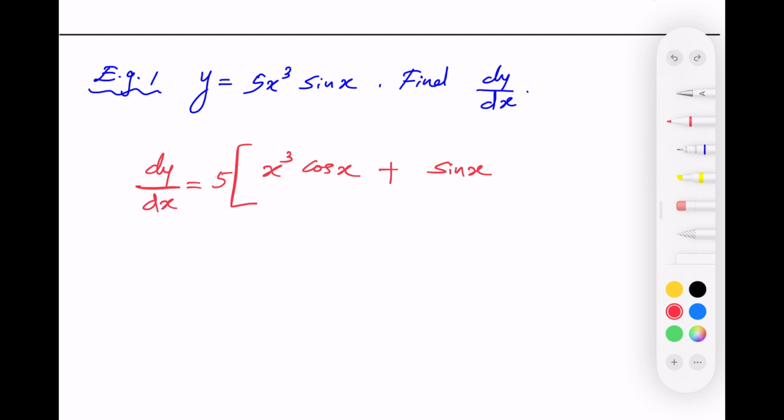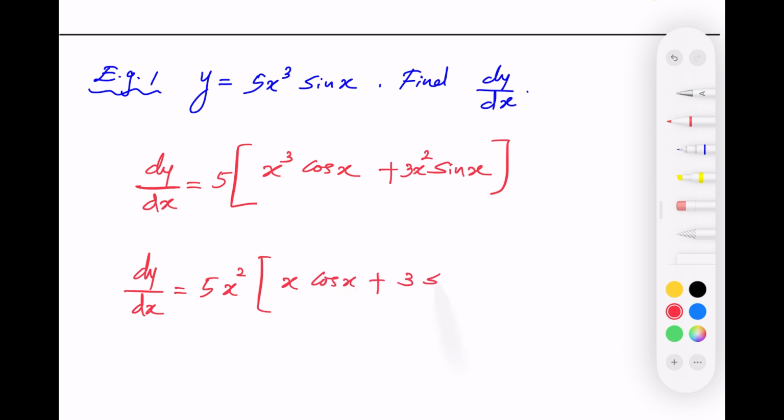Therefore, let me write down 3x squared right here. Close brackets. This can be seen as a final answer. However, if you like, you can factor out x squared from these two terms. If you do so, dy by dx is going to be equal to 5x squared, open brackets, x times cosine x plus 3 sin x.